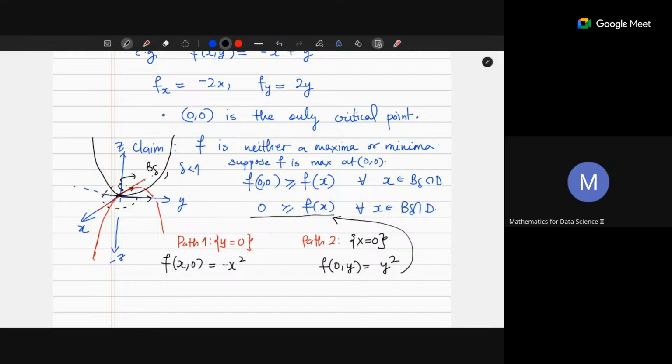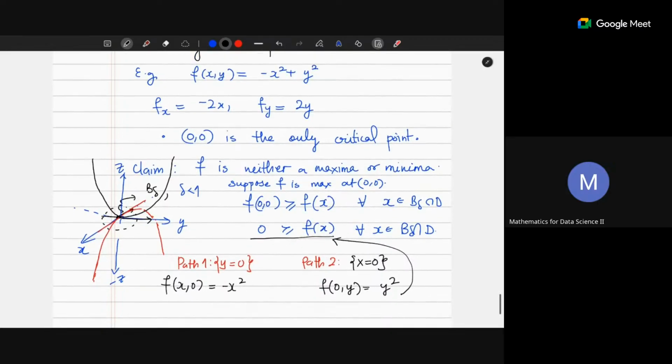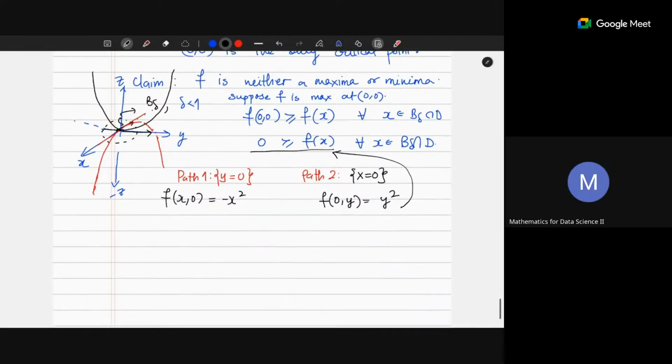The same argument goes for proving that it is not a local minimum. So 0, 0 is a critical point of this function, but it is neither a maximum nor a minimum. Let me write this down. Let's say this is A, and this is B1 and this is B2.